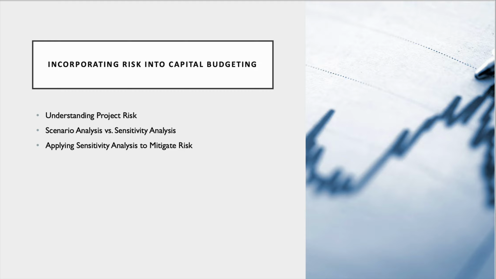While scenario analysis examines multiple variables simultaneously, sensitivity analysis changes one variable at a time. This focus allows us to pinpoint exactly which variables we need to monitor more closely during the project. By using sensitivity analysis, we can mitigate risks by preparing for the worst case scenarios associated with our most sensitive variables.